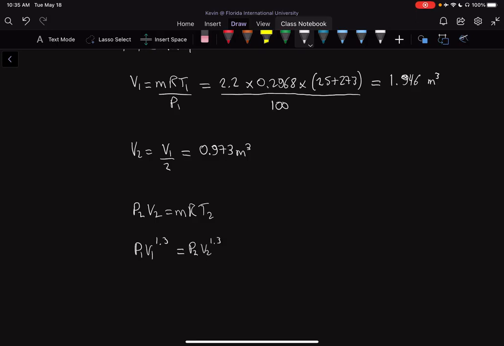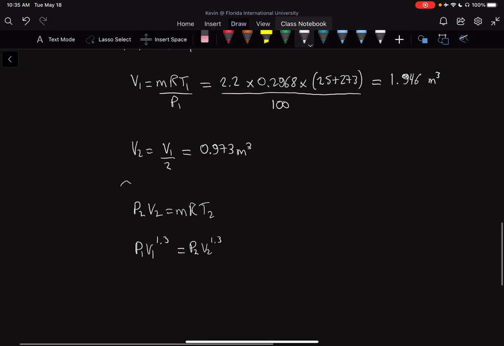This is from our polytropic process. So we have these two equations, and we have to find what pressure 2 is. Now, if we look at our ideal gas equation, we're missing temperature 2, so it's going to be very hard. We have volume 2, we have mass and R, but we're missing temperature 2, so we can't really find pressure from that equation. However, from this equation, we can find it.